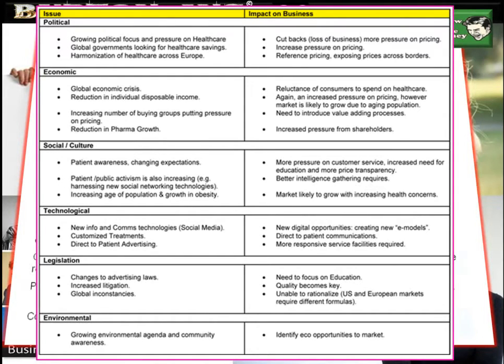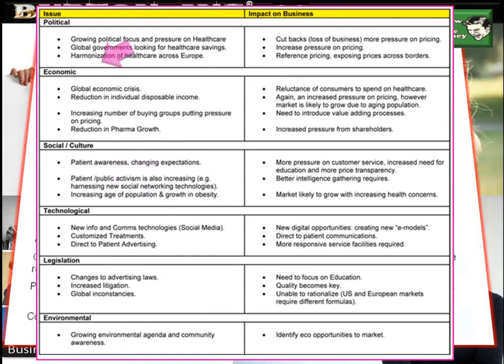So the idea of pest analysis, or the pestle in this case, is to brainstorm the issues and think about the impacts that they could possibly have on business. And once you can identify what impacts these external environmental factors have on business, then you can start planning to adapt to them. And we can see here we've got these new ones.